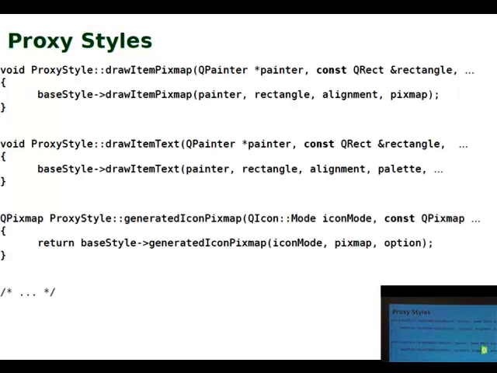Then in all the functions we call the base style. So for example here, drawItemPixmap, painter, we will pass the call to the base style with all the parameters, and we will do the same for every function except the function we want to change.